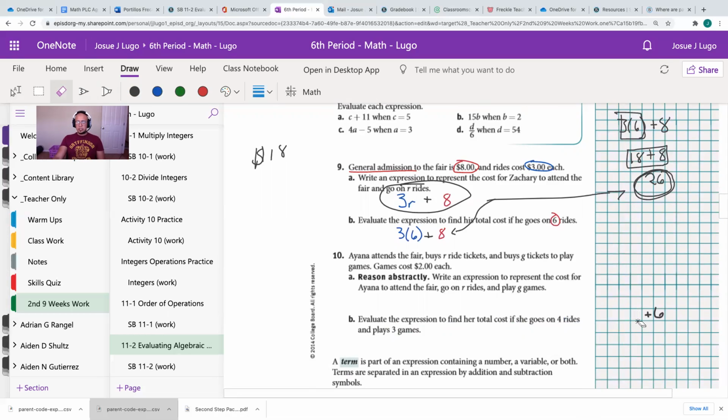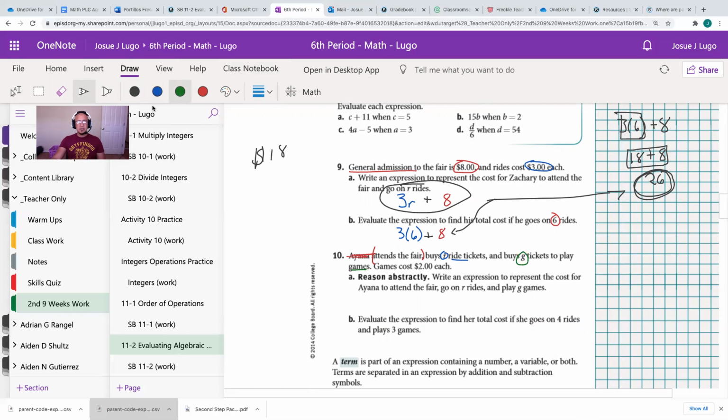So not only are we going to have an entrance fee, here Ayana is our character, but we're just going to put ourselves in her shoes. Not only do we need to go to the fair, not only are we going to need to buy ride tickets, but there are also games at this fair that we are going to take advantage of.